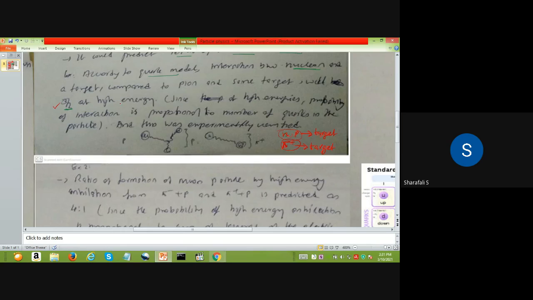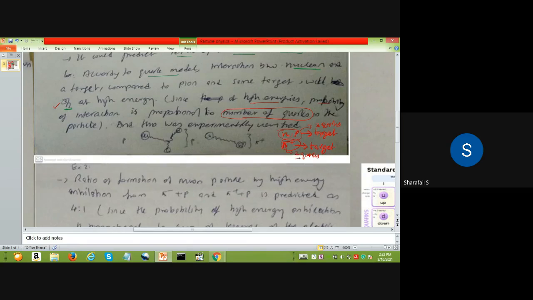Because at high energy, the probability of interaction is proportional to the number of quarks. For neutron and proton, we have 3 quarks because they are baryons, and for pions, which are mesons, we have only 2 quarks.